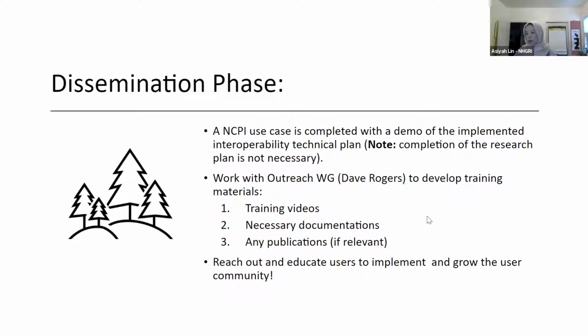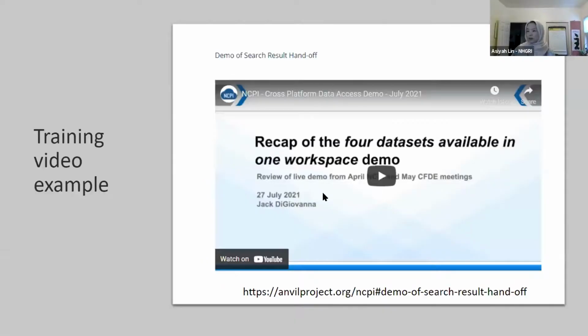And then we use those materials to reach out and educate others to form a forest of NCPI implementation. So this is one example that is already published by the group.